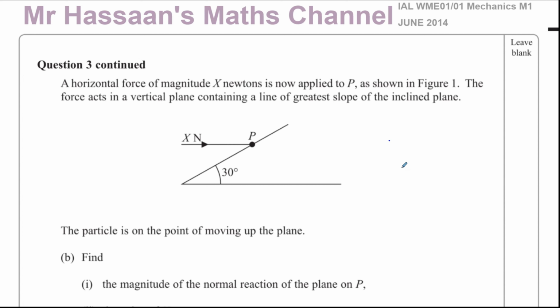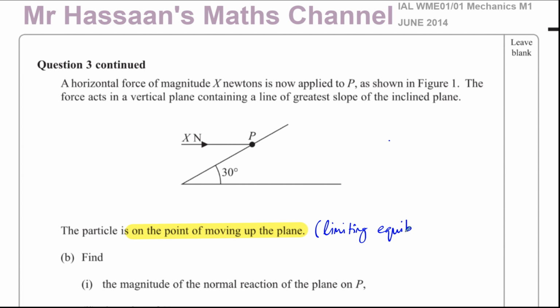And the particle is now on the point of moving up the plane. Right. So now, a very, very important phrase: on the point of moving. On the point of moving means something very important. On the point of moving up the plane, so it's in limiting equilibrium. This is called limiting equilibrium.